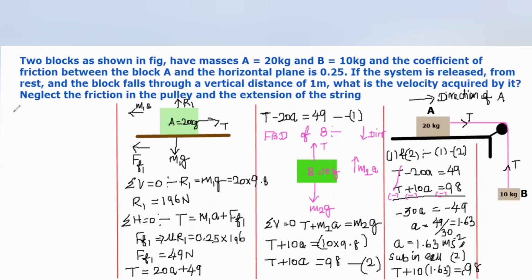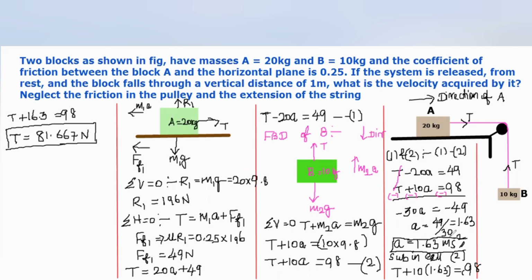So T plus 16.3 equals 98. So T equals 98 minus 16.3, we will get 81.667 Newton. So this is the tension in the string. So these two unknowns we calculated. Actually here the tension is not needed, only the acceleration is needed, but that is also an unknown that we can calculate in this numerical.